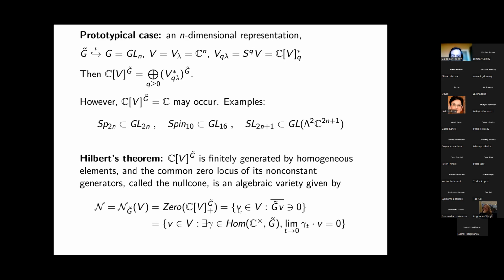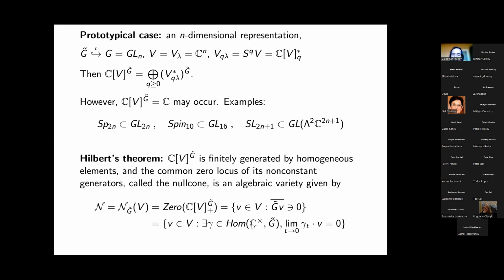And Hilbert tells us that this actually consists of all vectors which are pulled to zero by G tilde. Of course, in the closure of the orbit, because if the vector is non-zero, there is no chance its orbit will meet zero, but in the closure it can. So this is everything that's dragged to zero. And here below, we actually have a stronger statement. We can actually drag the vector to zero by a one parameter subgroup.